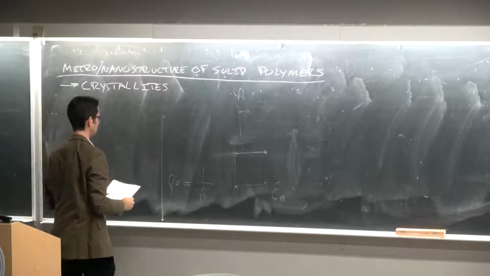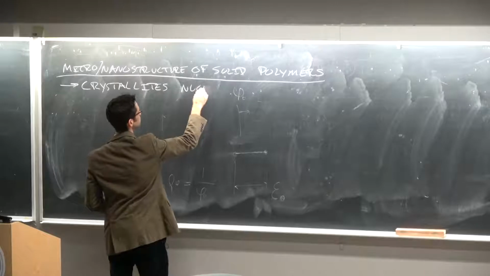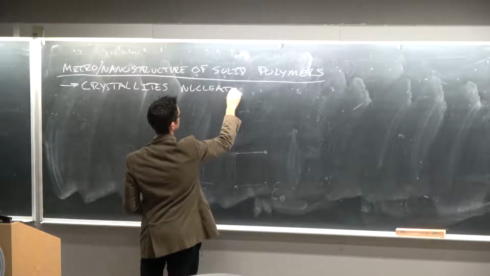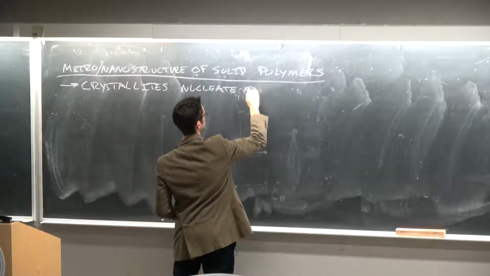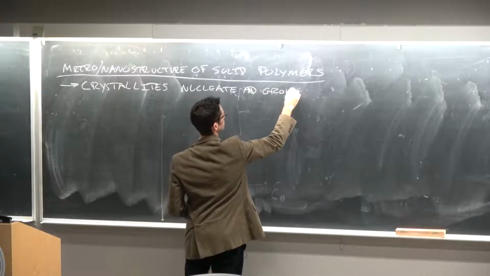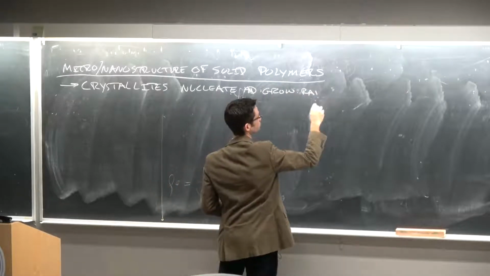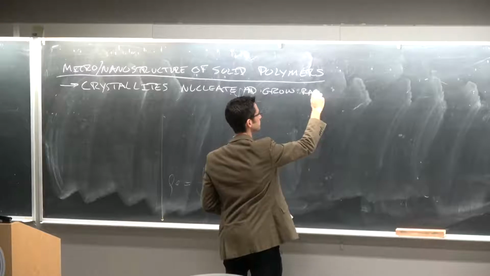So crystallites nucleate and grow radially outward from a center nucleus.